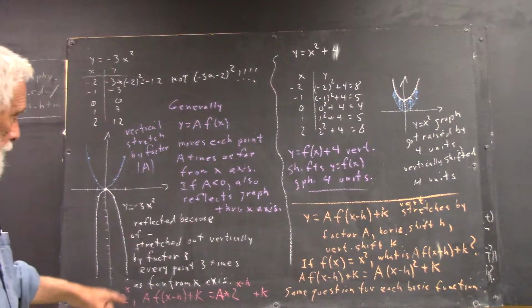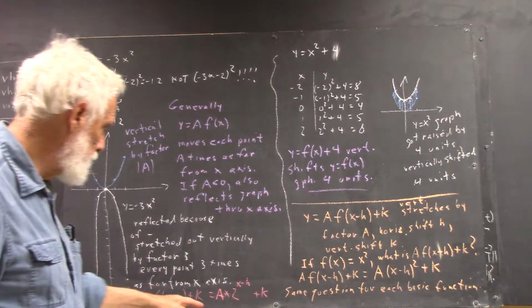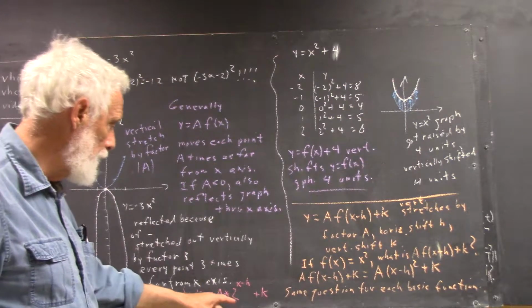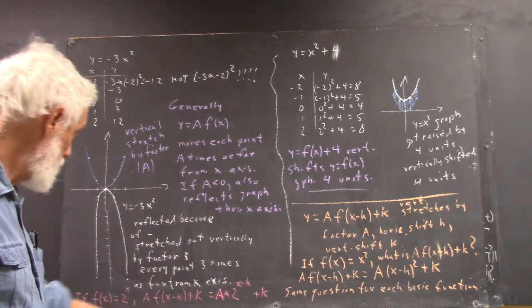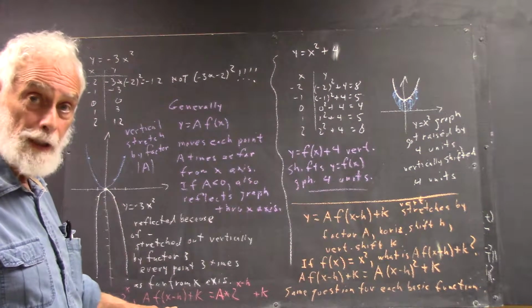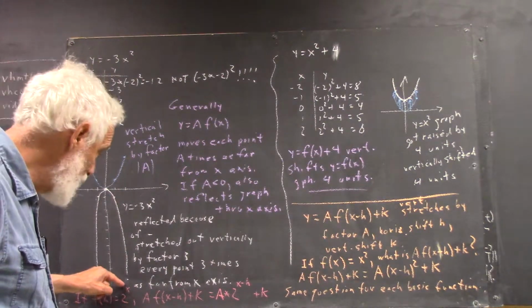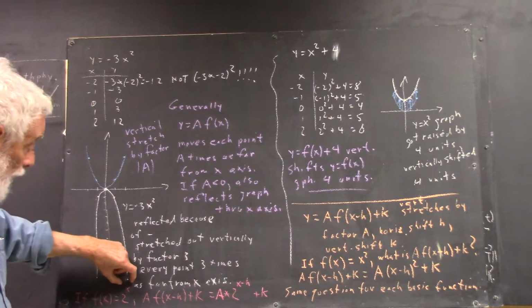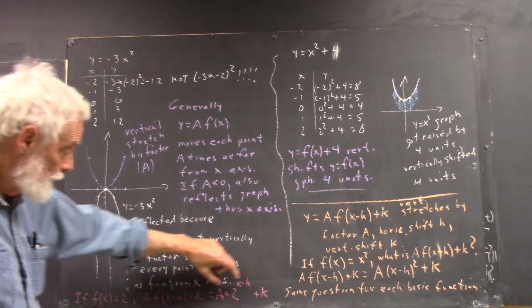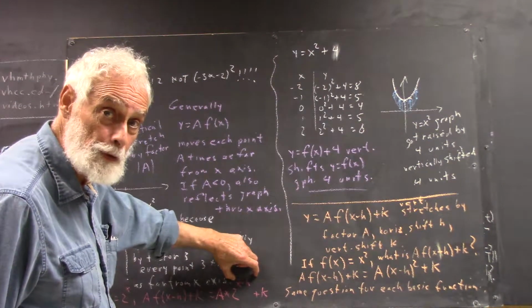Well, if f of x is 2 to the x, then a f of x minus h plus k is a times f of x minus h. F of x minus h, x has been replaced by x minus h, so you replace x by x minus h. Where's x? It's the exponent of the 2, so it goes here as the exponent of the 2.